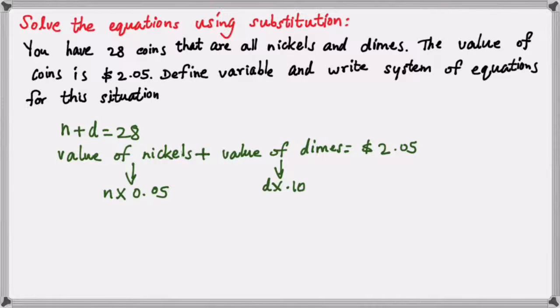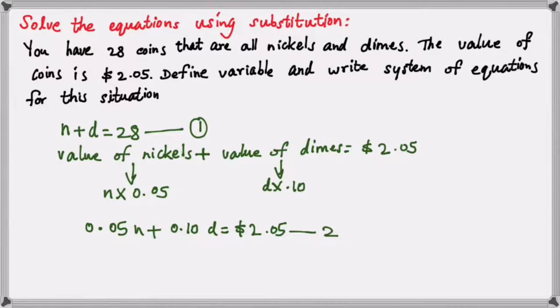So we can write 0.05n plus 0.10d equals $2.05. Let's call this equation 1 and this equation 2.